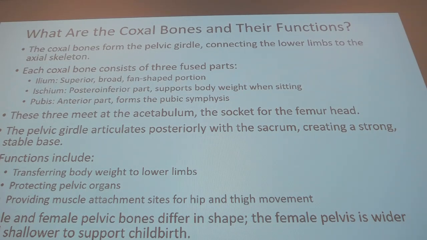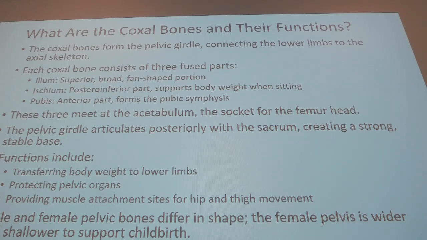It's the one that you can touch if you just stand like this, in your powerful pose. Okay, so that's the ilium. It is fan-shaped, and then the ischium supports the body weight when you're sitting. You sit on the body of the ischium, on the ischial tuberosity, to be more specific.